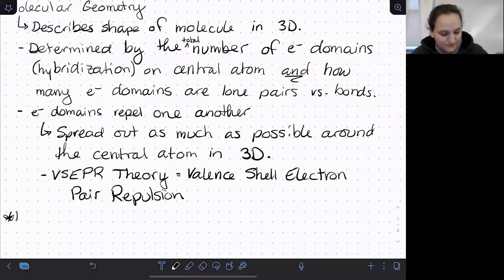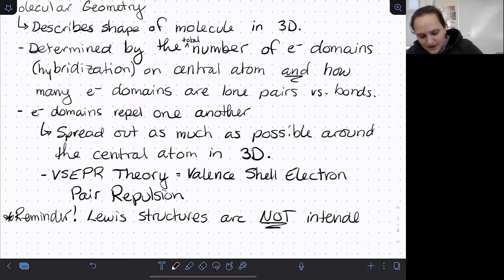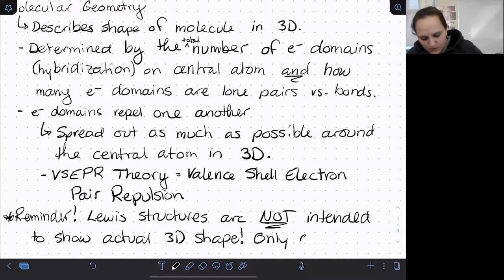Reminder, the Lewis structures that we've been drawing are not intended to convey any amount of three-dimensional structure. They only show how things are connected.